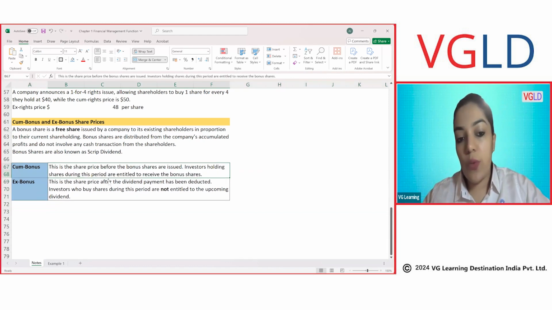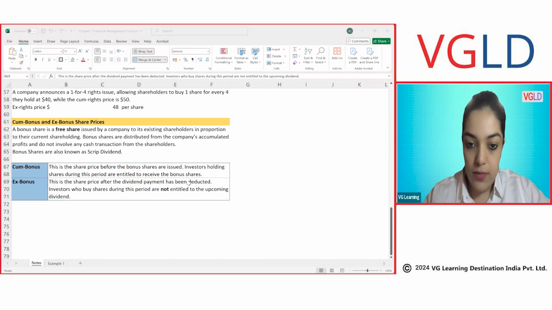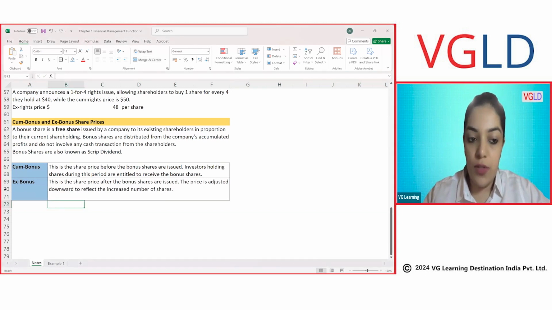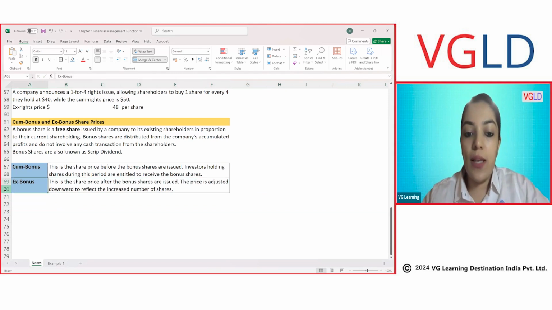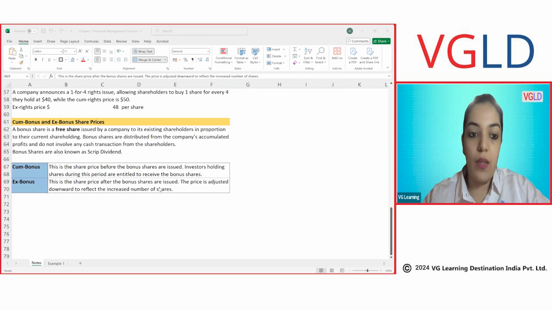Investors holding shares during this period are entitled to receive the bonus shares. And what is the ex bonus share price? This is the share price after the bonus shares are issued. The price is adjusted downward to reflect the increased number of shares.